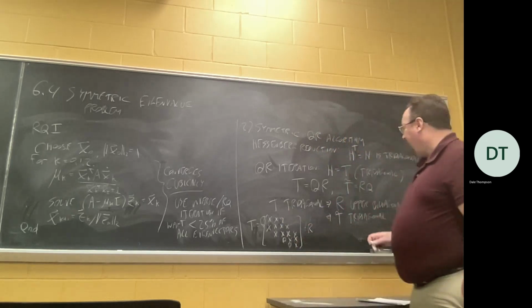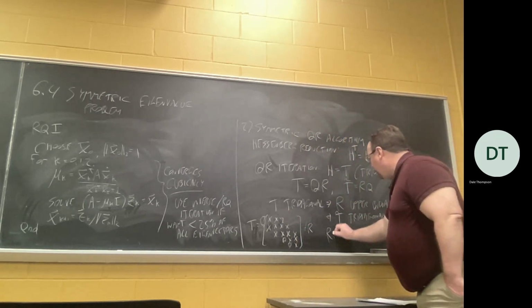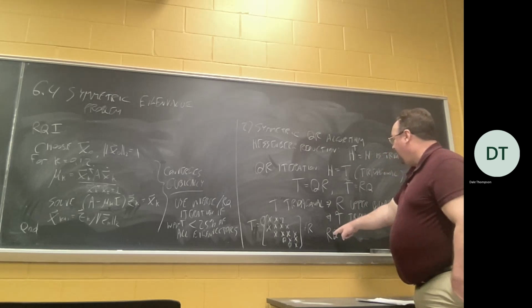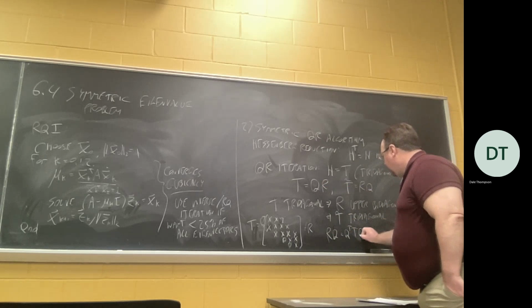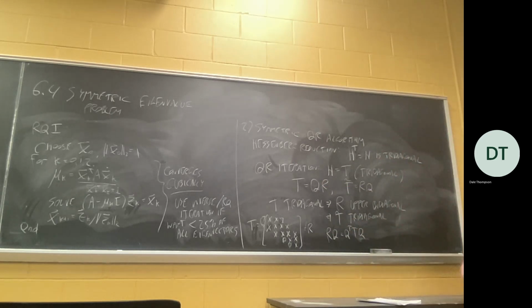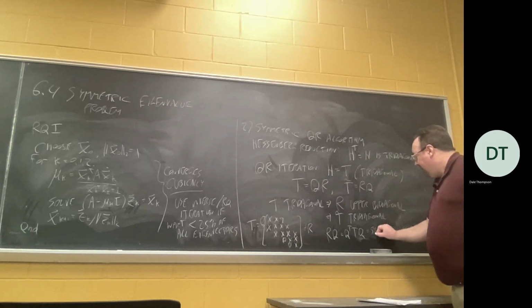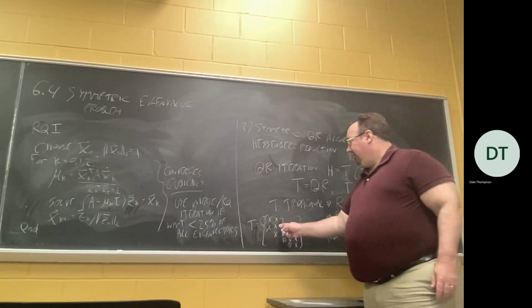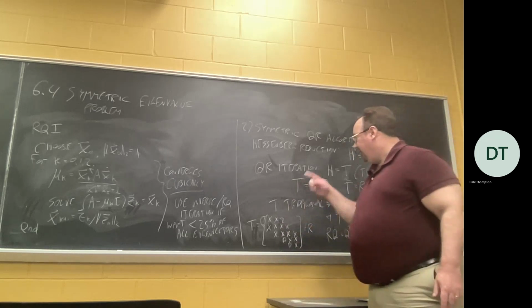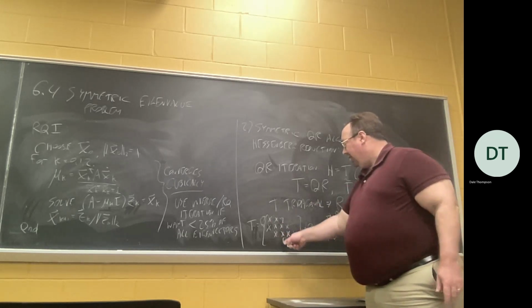The reason I do know that is that RQ, well, R is equal to Q transpose T. And because T is symmetric and tridiagonal, this is symmetric too. So I can see how, just like in the unsymmetric case, if I do QR and RQ, I will get a Hessenberg matrix.